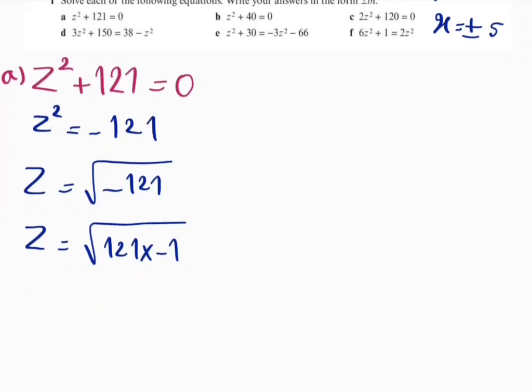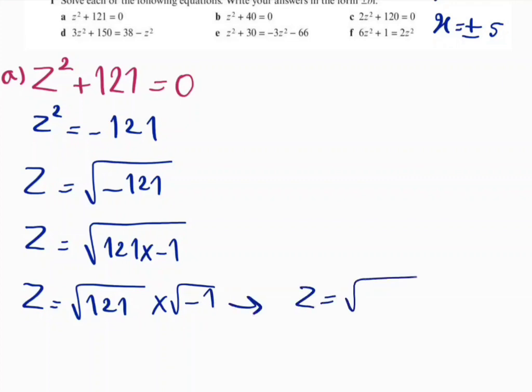And we know that we can split these, so we can rewrite this as root 121 times root minus 1. Hopefully you can remember that. Root 121 times root minus 1, and root minus 1 is just i. And I should have written plus or minus here, I just forgot that.